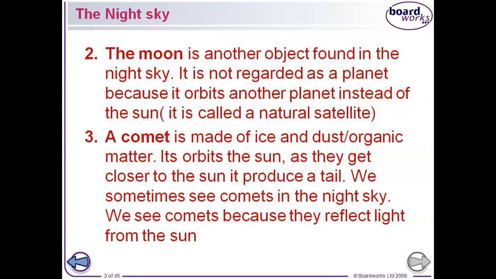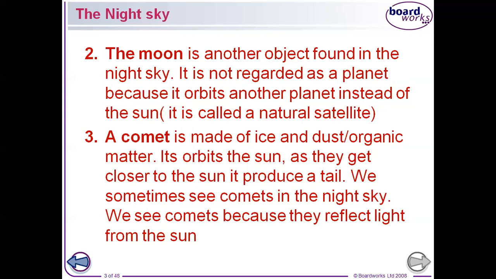Later we are going to look at the different types of satellite. The natural one, which is the moon, and the artificial one, which are man-made. Now we are also going to look at the different types of artificial satellites, as we proceed in the lesson.